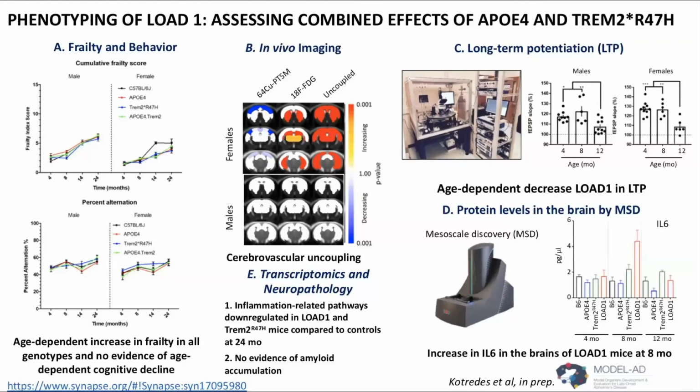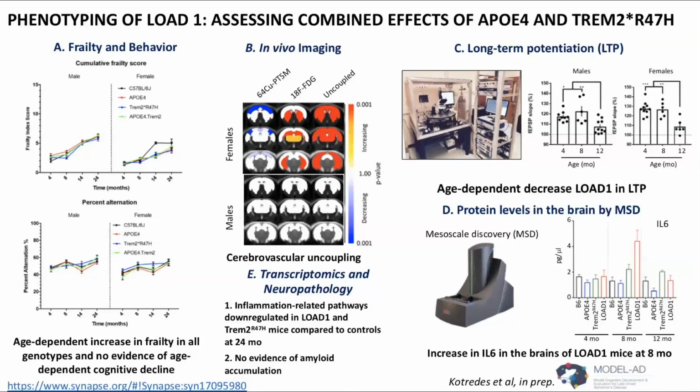And also then a cognitive task here, the Y-maze percent alternation, and there's no cognitive deficits out to 24 months in these mice either. But what is interesting about these mice is by in vivo imaging, they have cerebrovascular deficits. And this is measured using 2 PET ligands, copper PTSM for blood flow and FDG for glucose uptake.